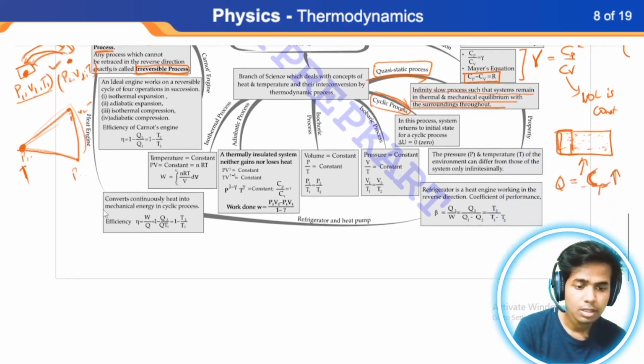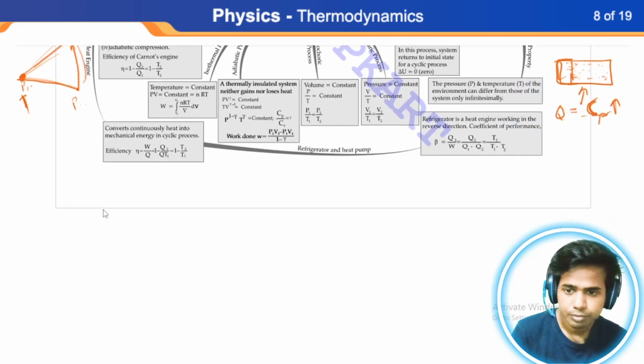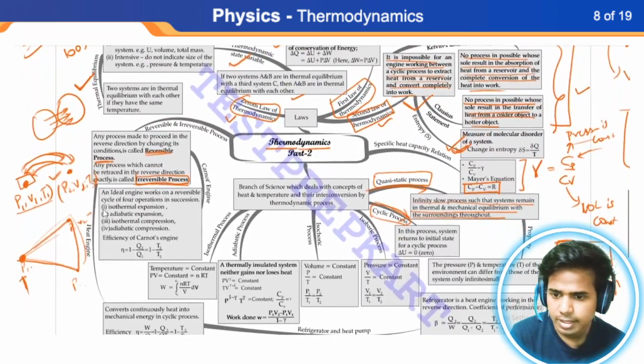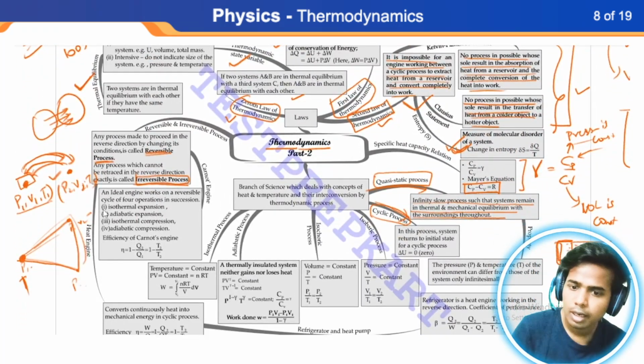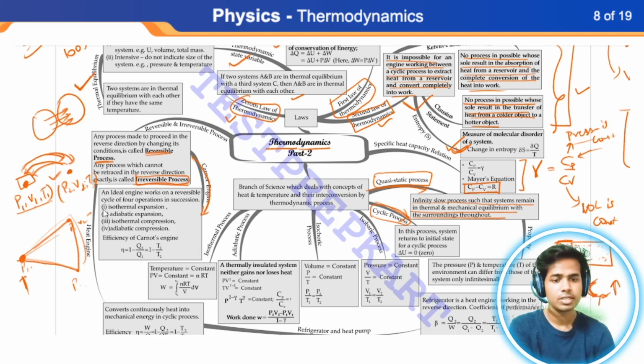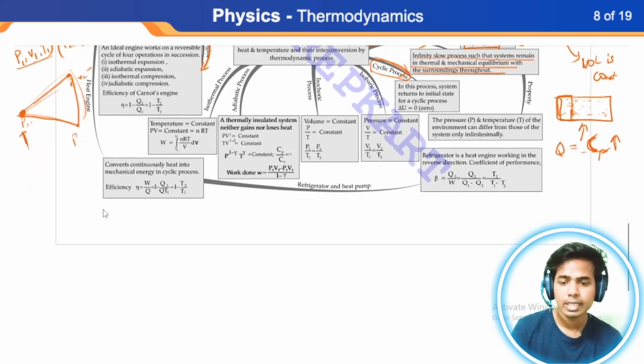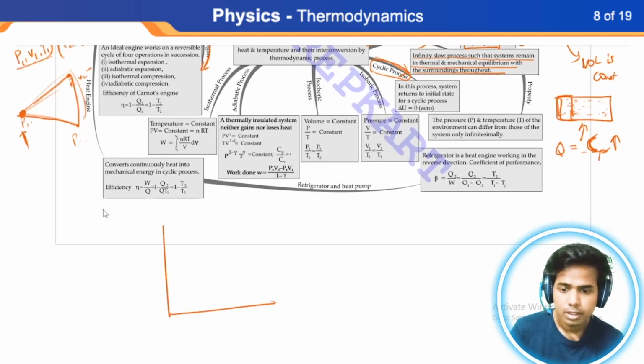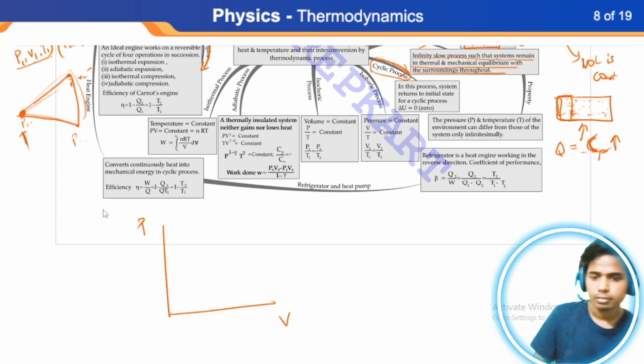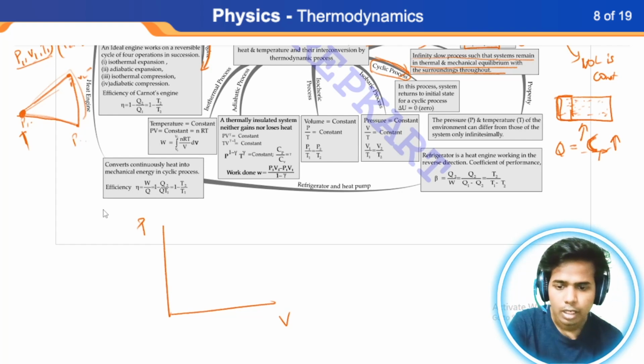For example, this thing, yes, let's discuss this one. Carnot engine. This is directly linked to this thing, cyclic process. Carnot engine में basically करते क्या हैं? Let's say there's this PV graph.